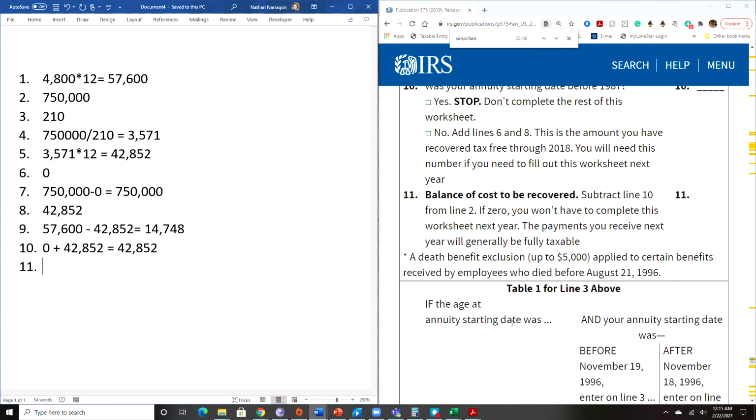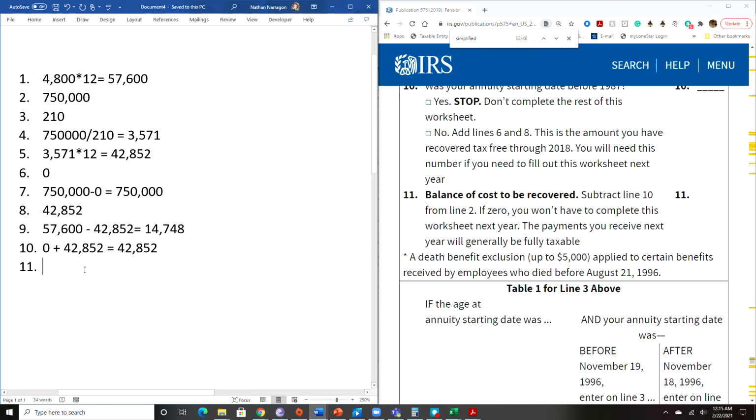So balance of cost to be recovered. Subtract line 10 from line 2. Okay.